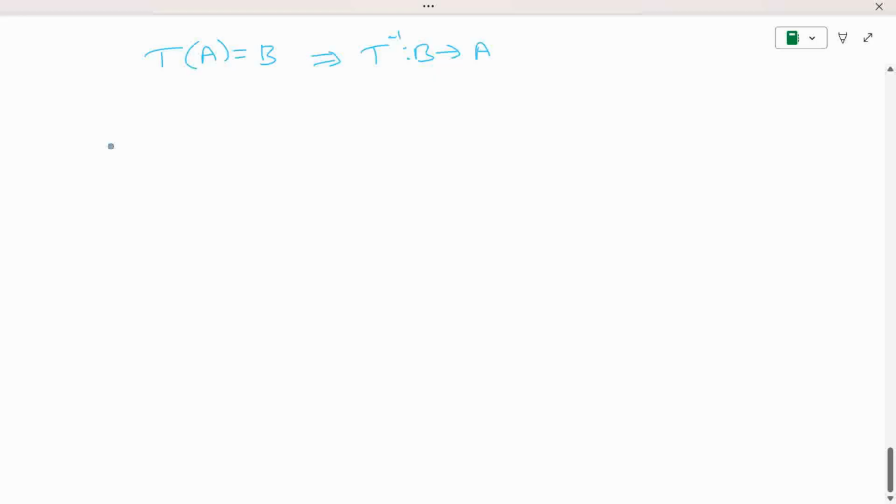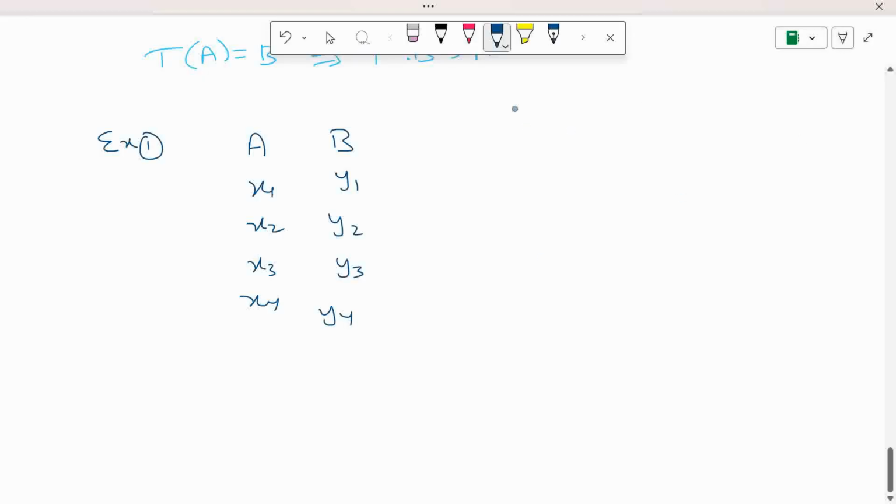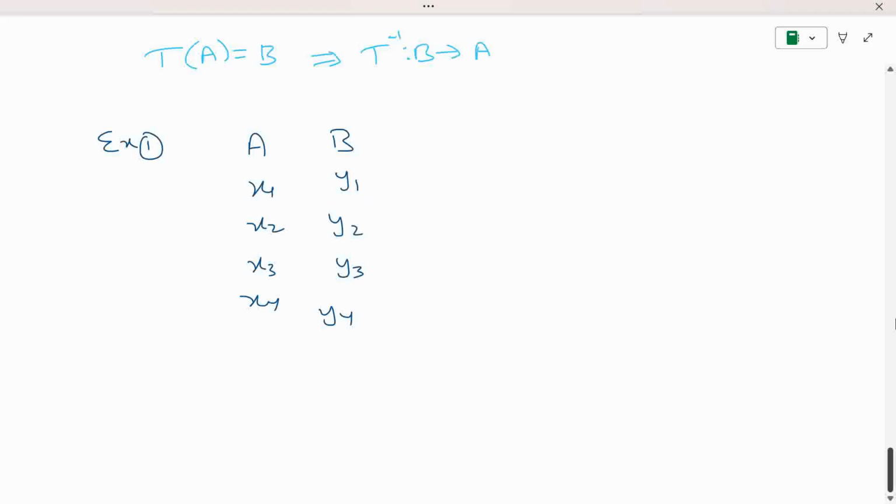Now let's understand with examples. Example 1, we have set A and set B and elements x1. So we have a mapping from x1 to y1.